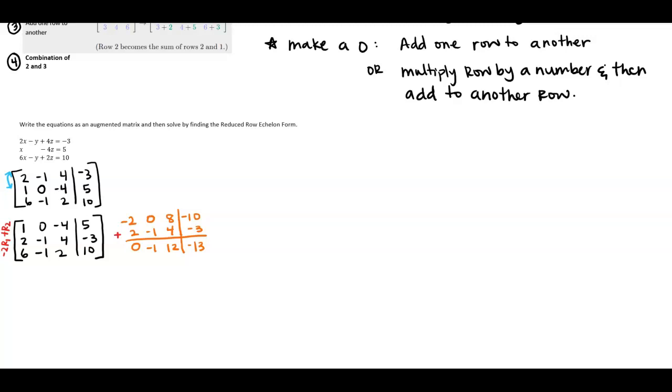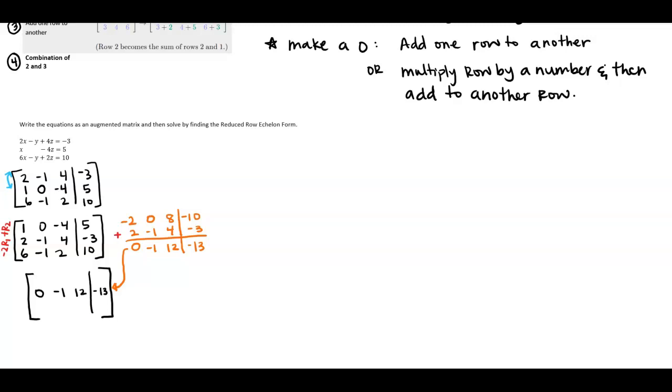So instead of this row 2 here, when I rewrite this down, let me write another matrix down, give myself a little more room out on the left side here. My new row 2 is going to be 0, -1, 12, and then -13.